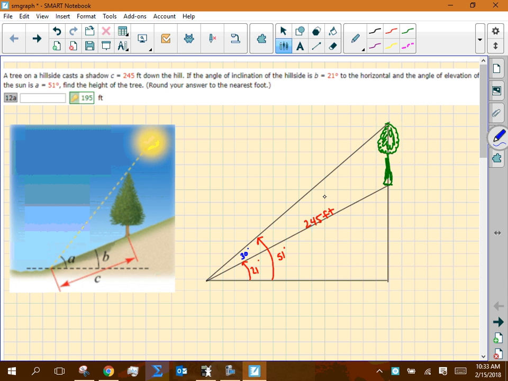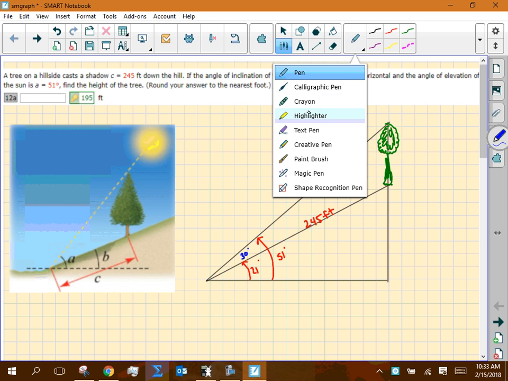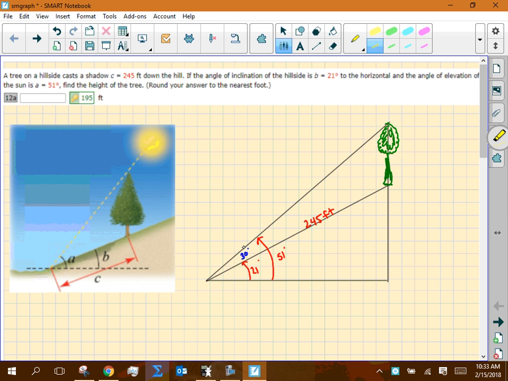So it's going to be important. That's 30 degrees. Throughout the question, it says the shadow that's cast by this tree comes all the way down that hillside, and that shadow is 245 feet long. Looking then at the triangle that we want to solve, it's a non-right triangle, obviously. It's this triangle here that we're using to find the height of the tree.